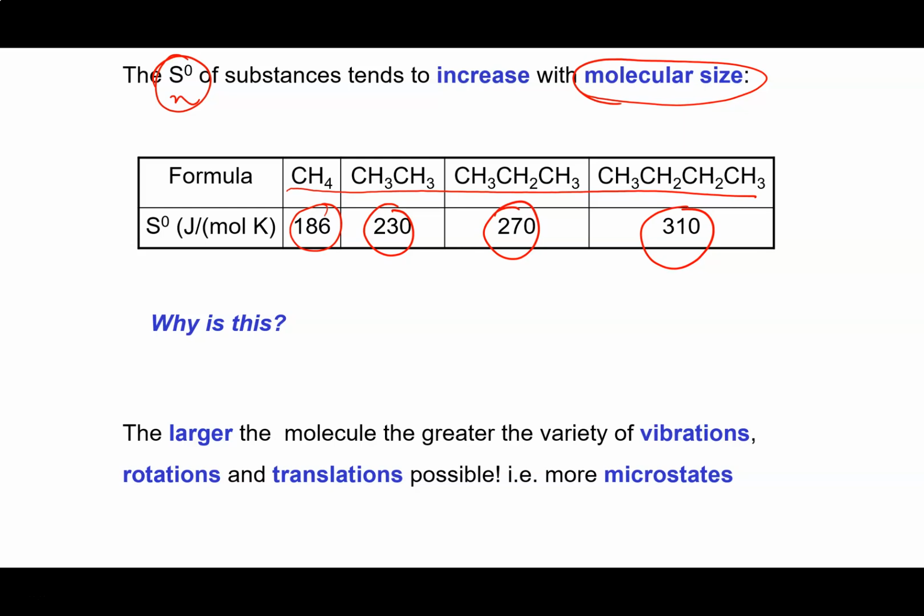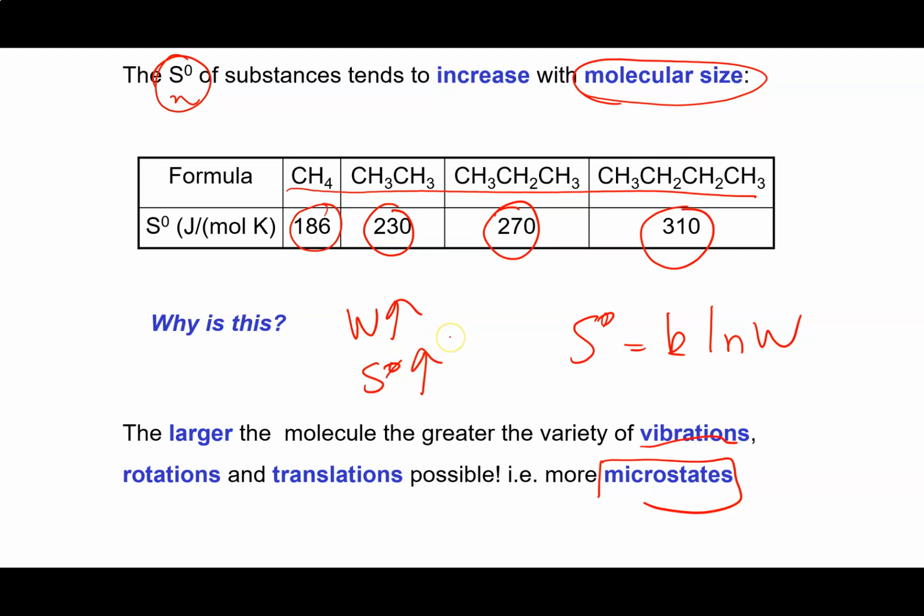Now, why is this? Well, it's pretty simple. The larger the molecule is, the greater variety of vibrations, rotations, and translations that are possible, i.e. there are more microstates. And how do we define entropy? It's just k times the natural logarithm of the number of microstates. So as W goes up, the standard molar entropy goes up.